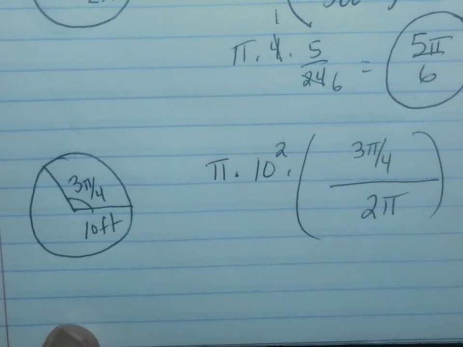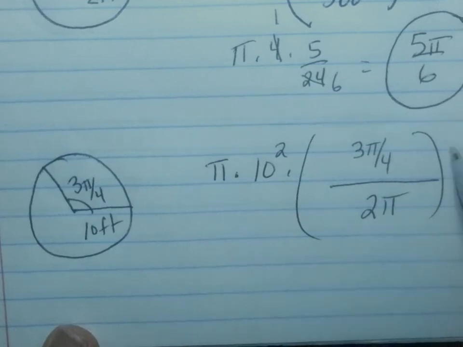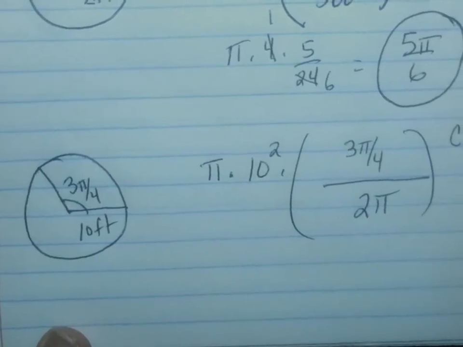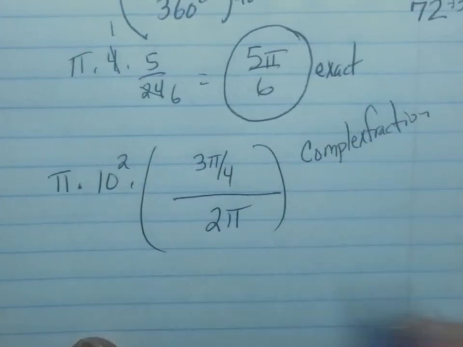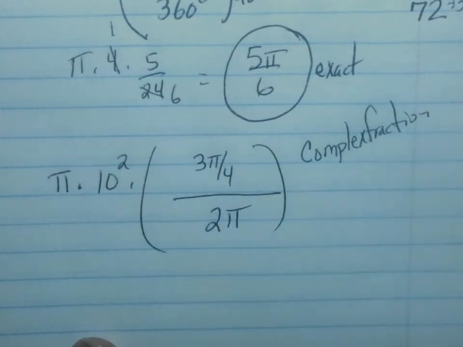Does that look very weird to you, having a fraction inside of another fraction? It might, but you should get used to it because you're going to see this a lot. This guy is called a complex fraction. When you have a fraction inside of another fraction, like our entire numerator itself is a fraction, that's called a complex fraction.